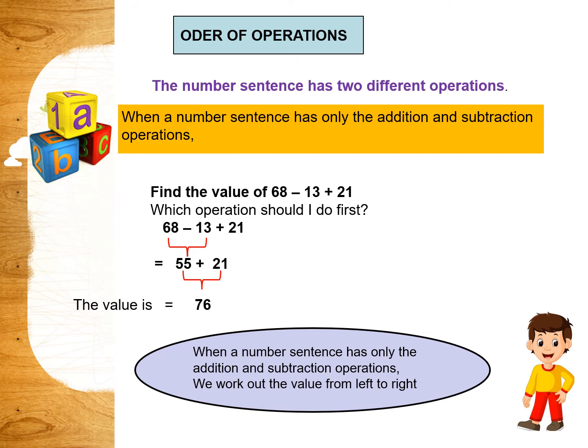Then we can get 55. Now 55 plus 21, and the value is 76. Remember, we work out the value from left to right.